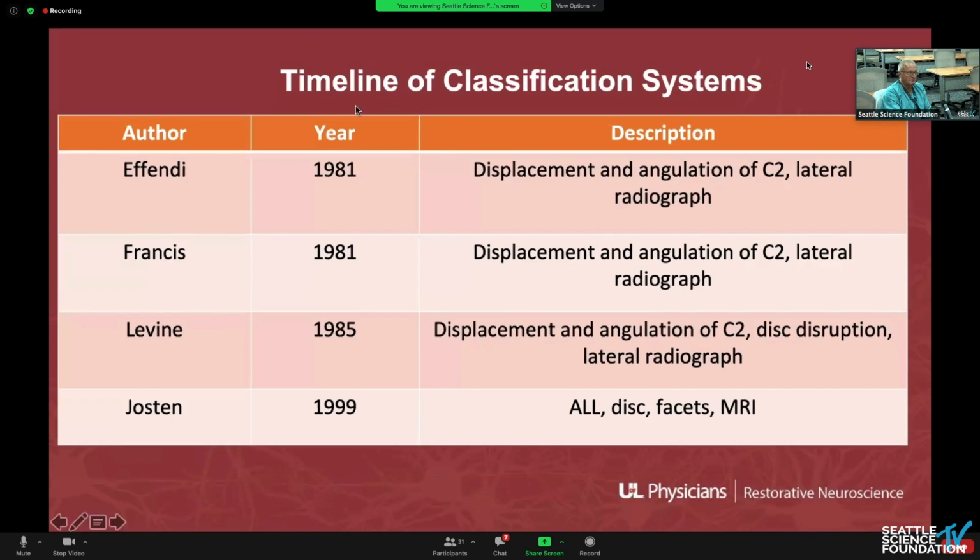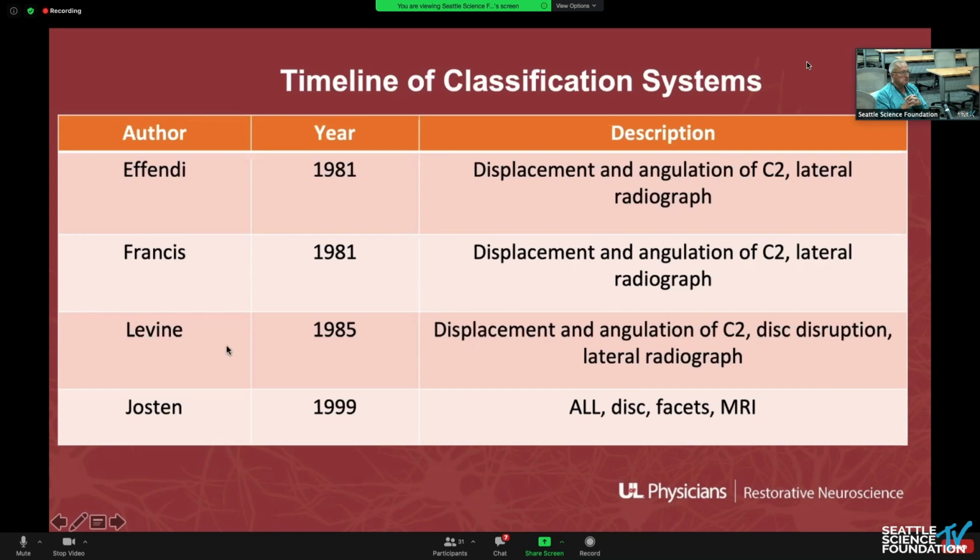In terms of the classifications, there are basically four main classifications, and this slide shows the timelines they've been around. So the Effendi, which is based on a lateral radiograph, was proposed in 1981, and Francis, I believe in the same journal, proposed it also in 1981.